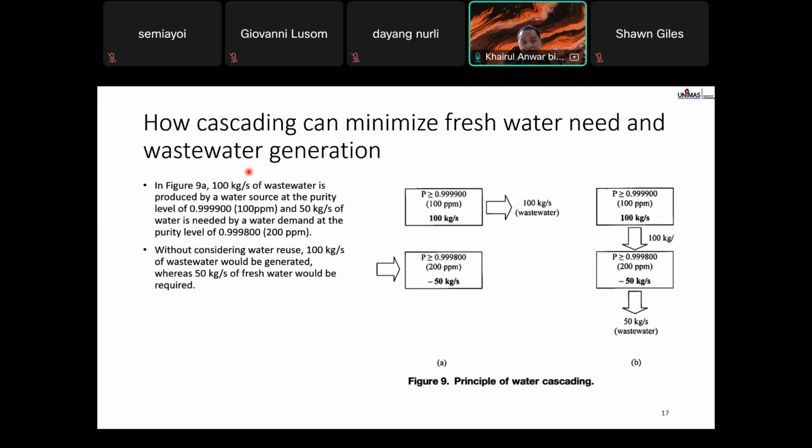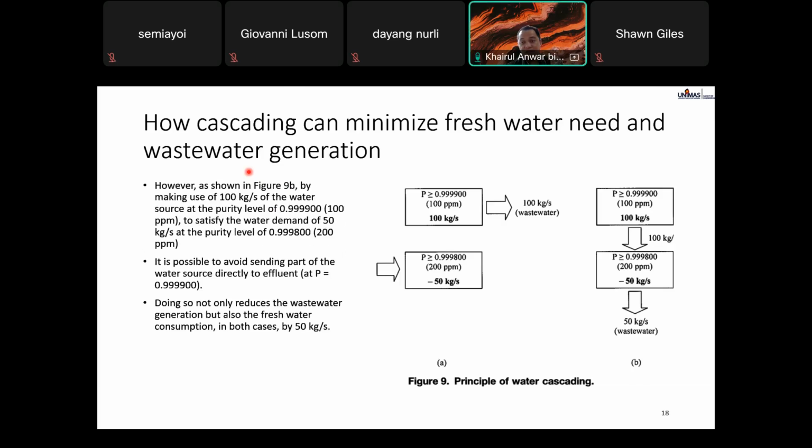If you refer to this, you can cut the freshwater use by 50% and reduce the wastewater by 50% by reusing the water.